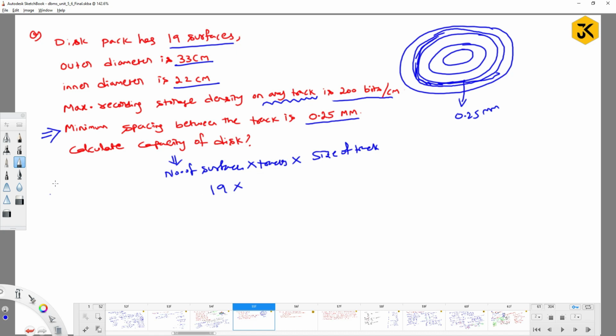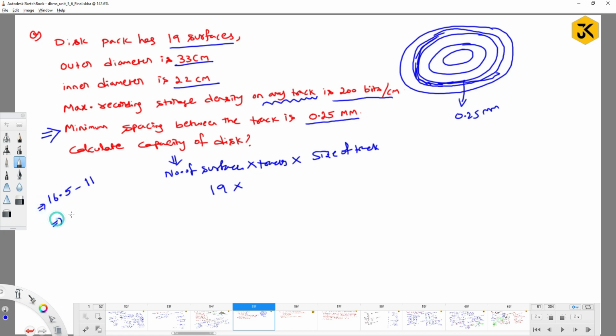So I need to find the difference between the inner track radius minus outer track radius, modulus, right? Meaning that 16.5 minus 11, since 33 by 2 is 16.5 and 22 by 2 is 11, which is the space, right?